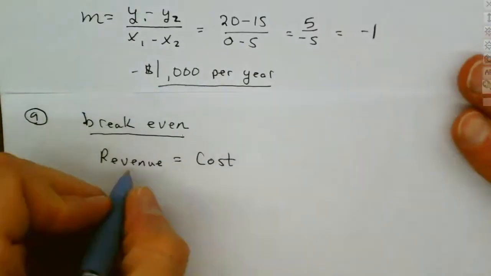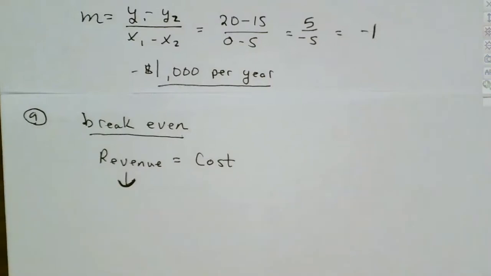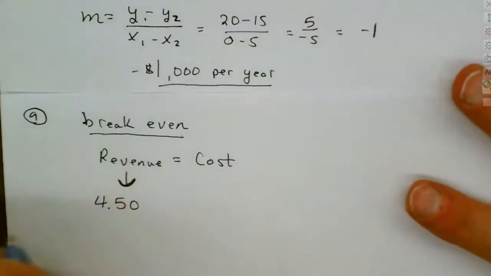Let's talk about the revenue first. How much do I charge for those handles? That's the cost of them to make them, right? If I go to buy this handle at the store, how much do I have to pay for that handle? $4.50. Okay, so 4.5. And how many handles am I going to buy?